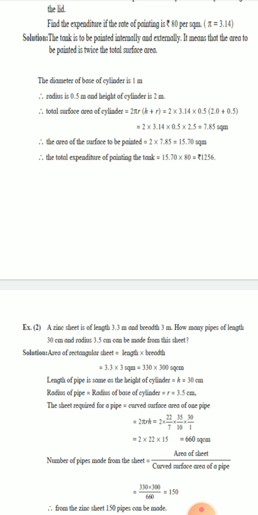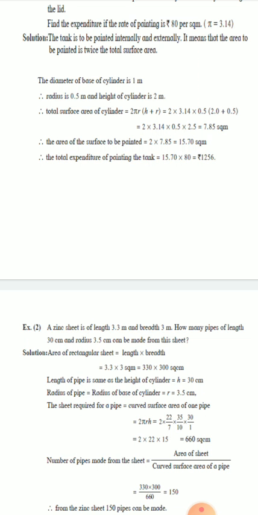We have to closely observe what I am going to change. In this case I am going to convert a sheet into a pipe, isn't it? So whatever the length of the pipe, if I open it, it is equal to the height of the cylinder, which is given as 30 centimeter. So the radius of the pipe is the base of the cylinder, 3.5 centimeter.